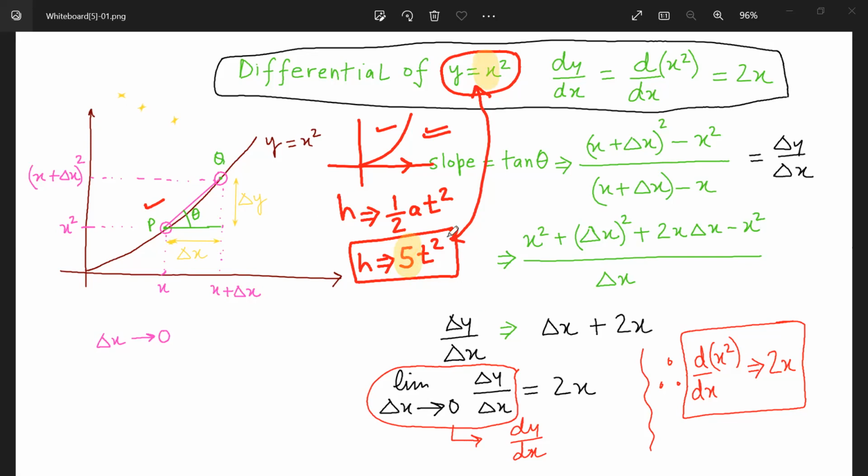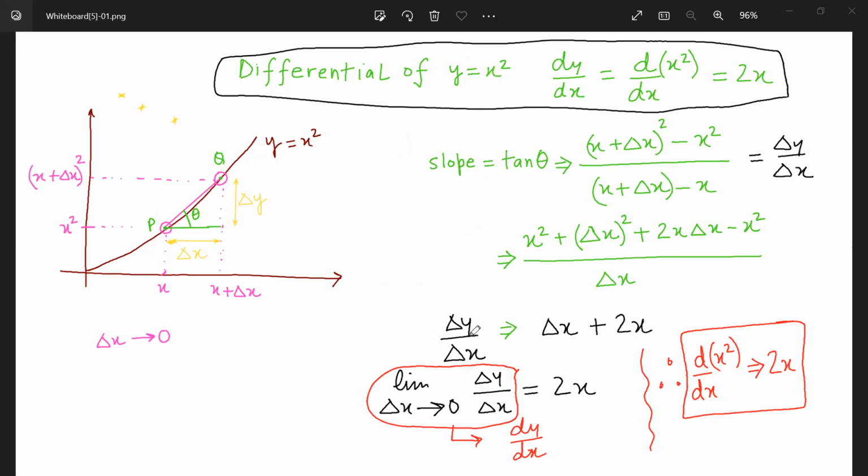And so when y is equal to x square is given to me, and I see as a physics problem that the height of the ball is given by h is equal to 5t square, I have a basic confidence that this problem has some relevance for me as a physics student.